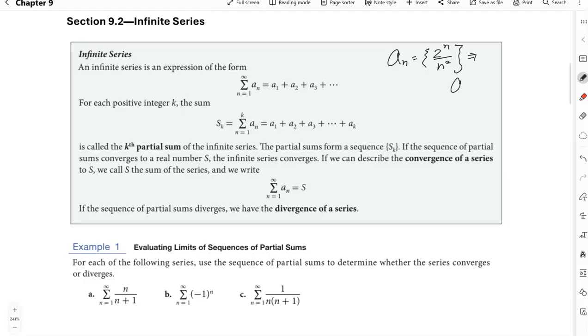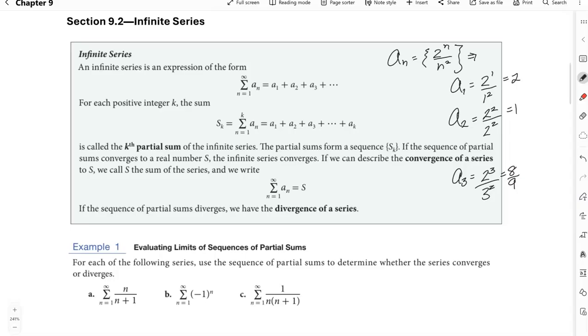So maybe we're looking at just a1, and that would be 2 to the first over 1 squared, which would be 2. Or a2 would be 2 squared over 2 squared, which is 1. Or even a3. So we're listing the terms here of the sequence. This would be 2 cubed over 3 squared, which would be 8 over 9.